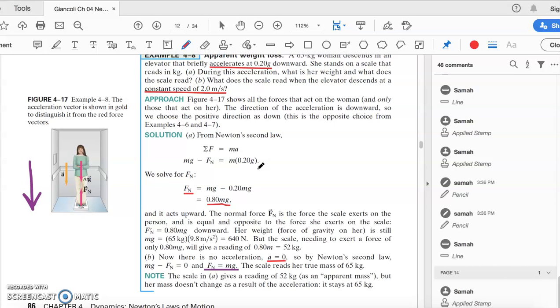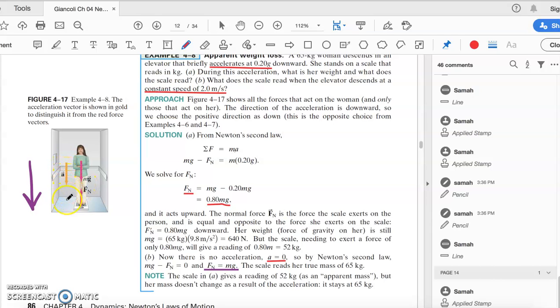Or you will follow what we are following now: whatever is in the direction of motion is positive, and whatever is against the direction of motion is negative.